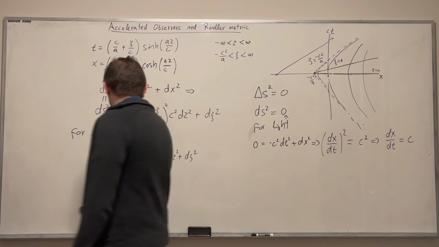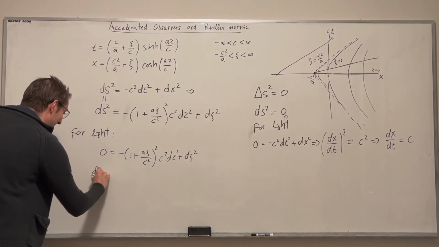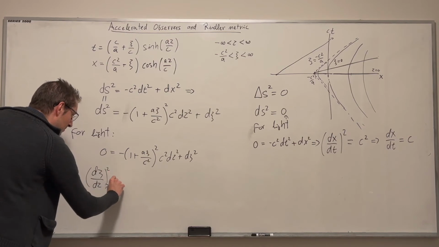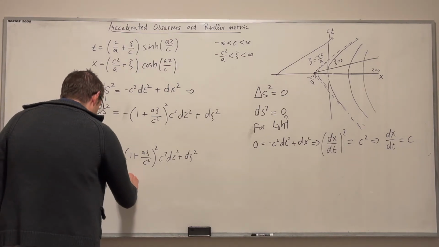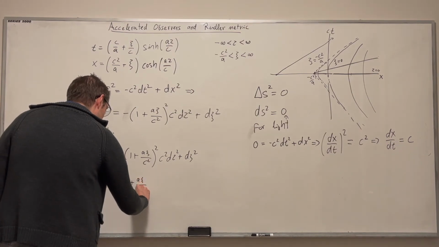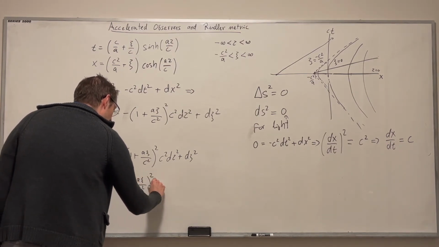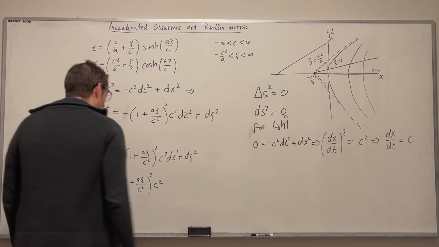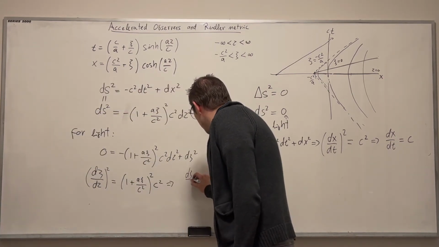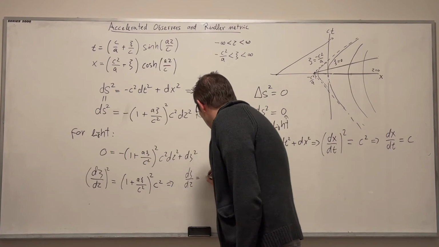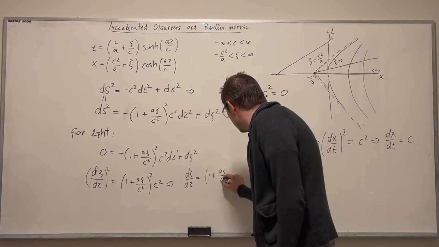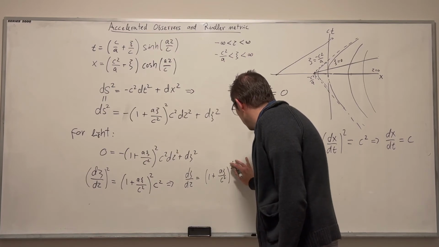Oh, but that means that (d psi over d tau) squared is equal to (1 plus a psi over c squared) squared c squared. If we take square roots, d psi over d tau is equal to (1 plus a psi over c squared) times c.